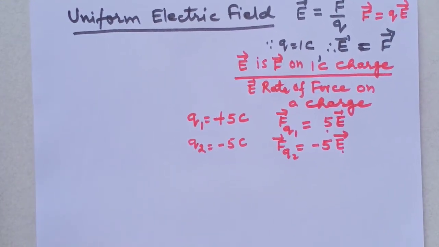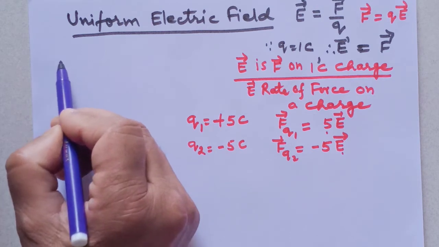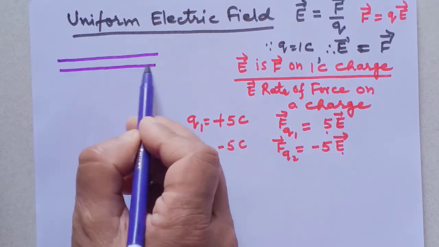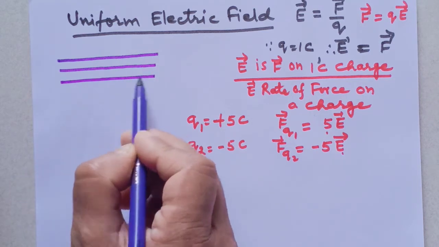Now we represent a uniform electric field by parallel lines.